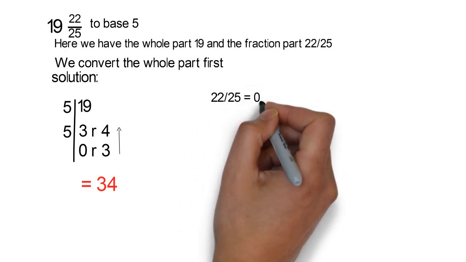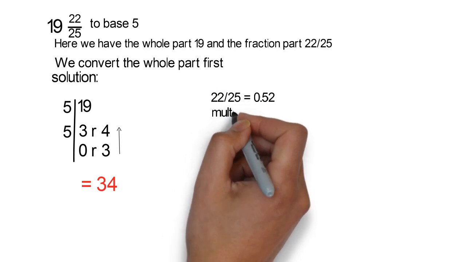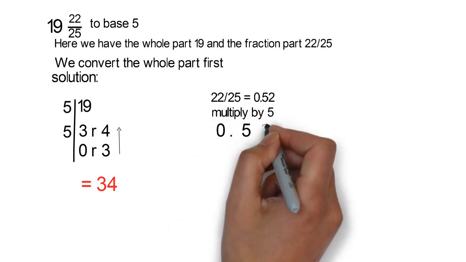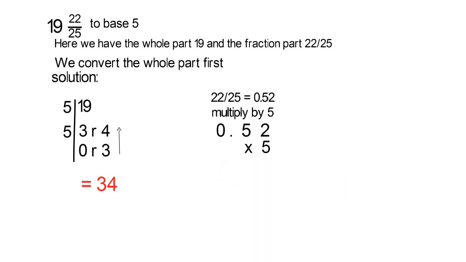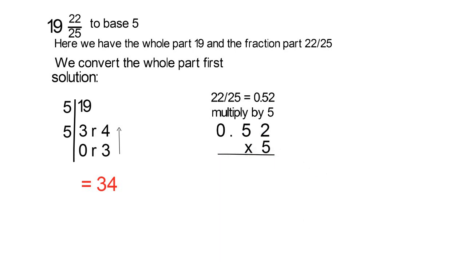So converting that, I have 0.88. So what do I do next? I start multiplying by 5. So I have 5 times 0.88 will give me 4.4. And you see, I keep my 4 and I leave my 4. So I multiply again.